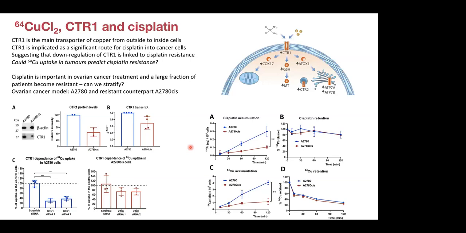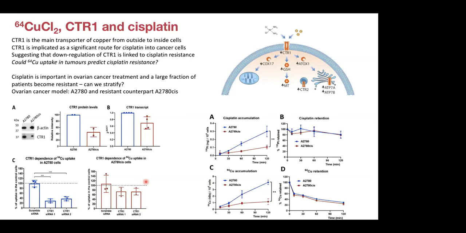And the knockdown of CTR1 influences uptake of copper-64 into the cells. It reduces uptake significantly. And in the normal non-resistant cells, CTR1 can be blocked by reducing its expression using siRNAs. The copper-64 uptake in vitro then goes down.